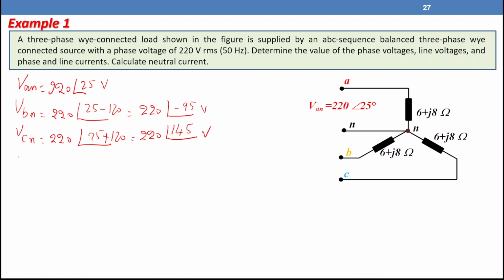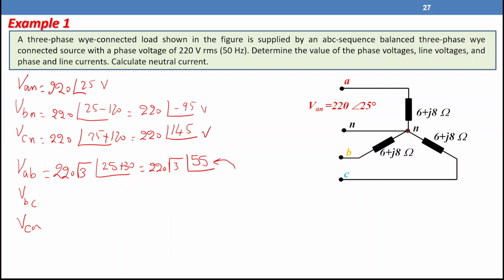What about the line voltages? So the line voltages VAB, VBC, VCA. So VAB equals the amplitude of the phase voltage multiplied by root 3, and the angle is leading by 30 degrees. So that one will be 25 plus 30. So in this case it will be 220 root 3 angle 55. Shifted from this angle by 120 minus and plus will give you the VBC.